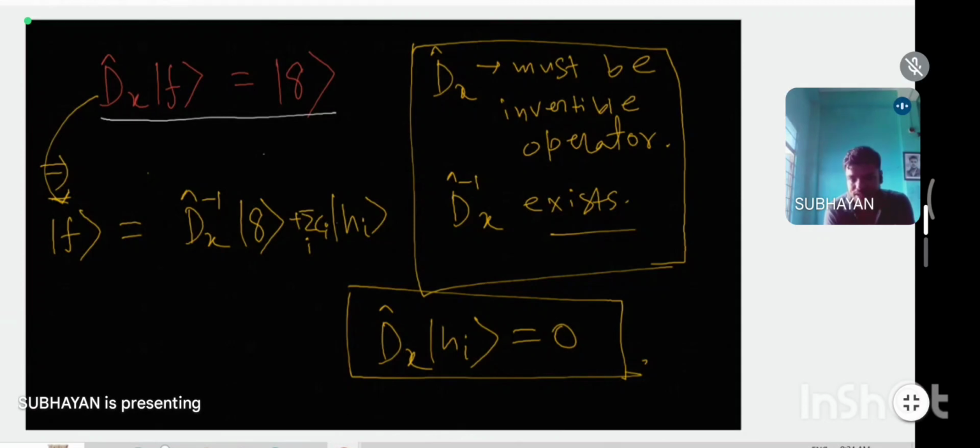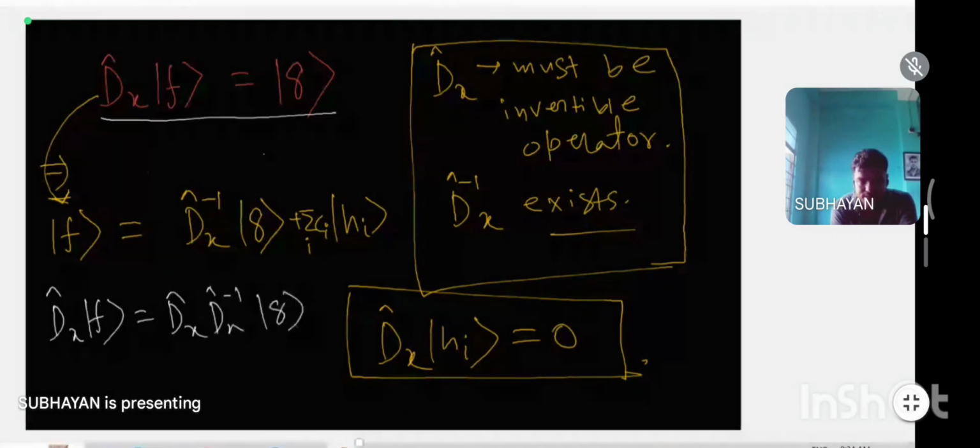Actually not a constant, something independent of this dx operator should be there. কারণ তুমি রিভার্সটা করে দেখো, এর বোথ সাইডে তুমি dx অপারেট করলে, dx of f equal to dx of dx inverse of z plus summation over i ci dx of hi.